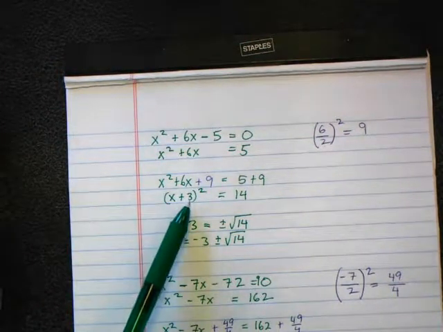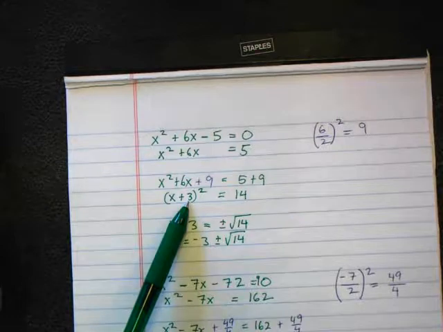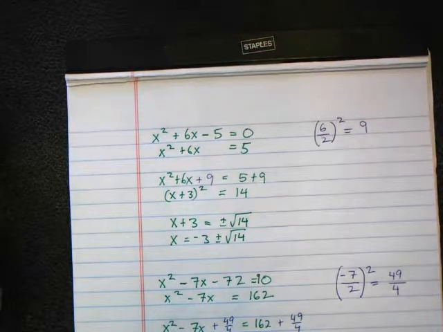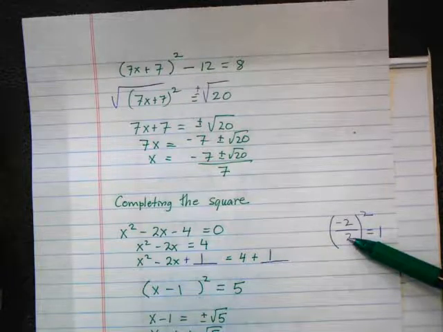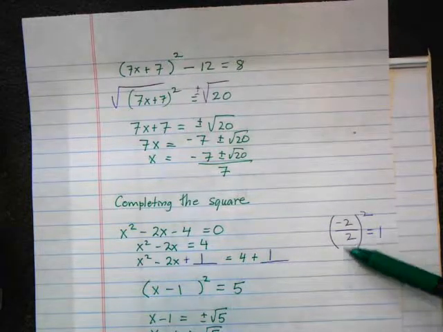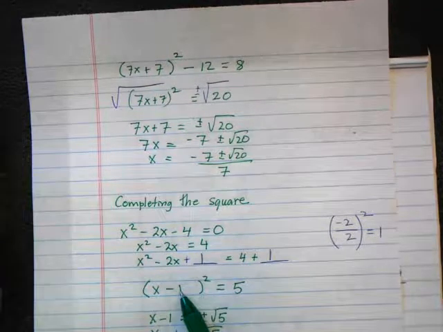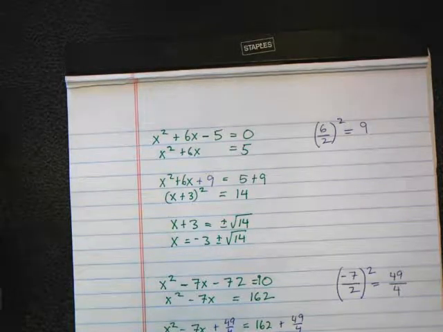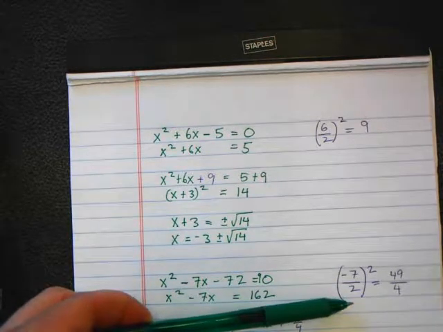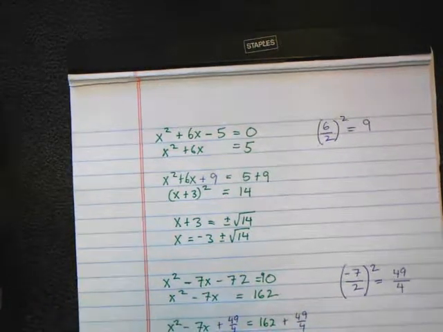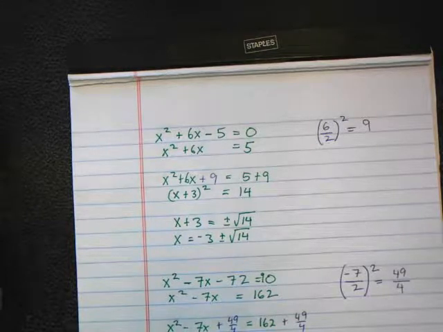And notice that 3 was a number that showed up inside my parentheses. Over here, what was negative 2 divided by 2? Negative 1. And negative 1 was the thing that showed up in my parentheses. What's negative 7 divided by 2? It's negative 7 over 2. What goes inside my parentheses? Negative 7 over 2.